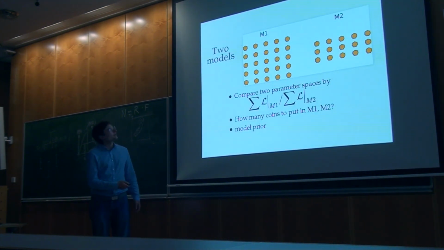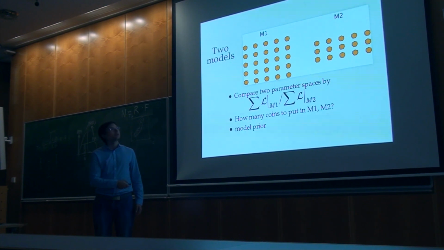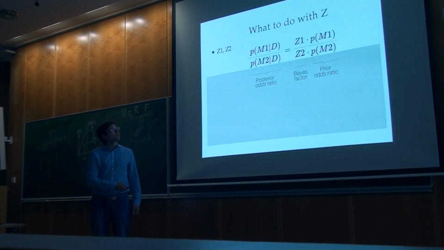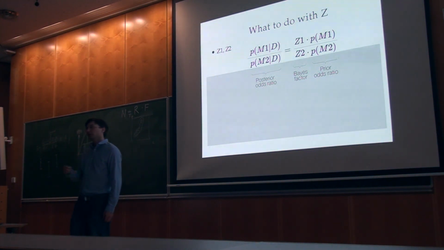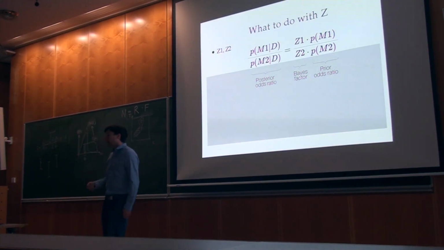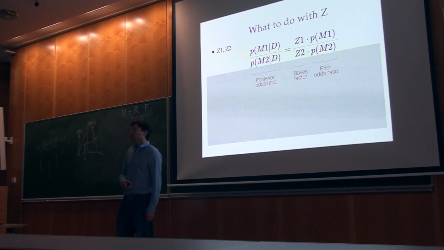So I said we compute the sum over this parameter space, which is basically the integral of the likelihood over all parameters. And we call that the evidence. You can compute that for one model and for the other model. That is called the marginal likelihood.